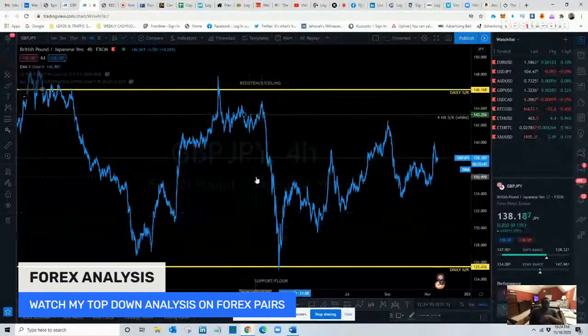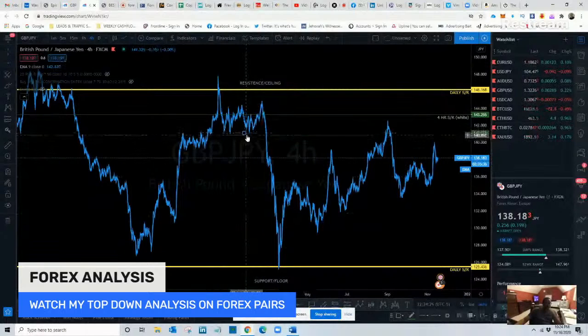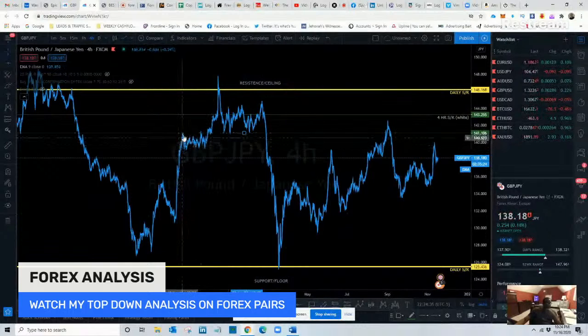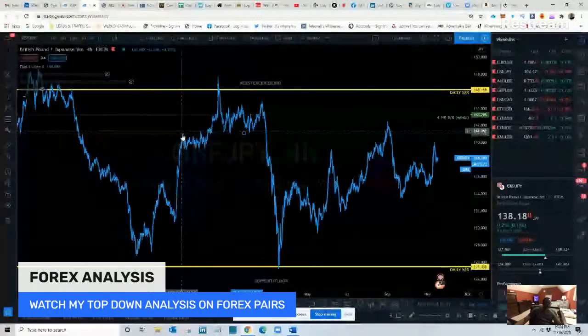So now we're going to kind of mark up right here. So now we have a bigger picture. So this was used as resistance here when price spiked up, and it hit resistance, came down, then finally broke through.